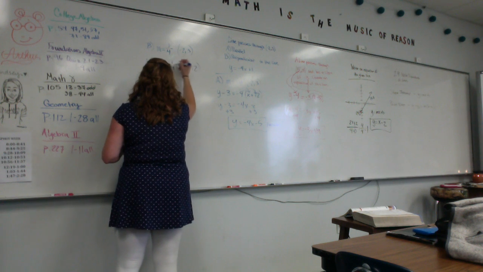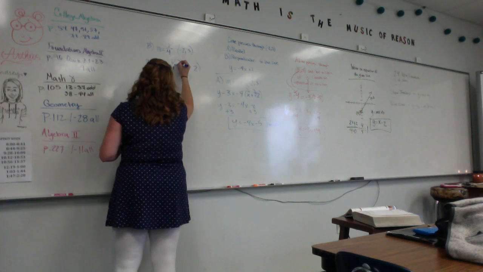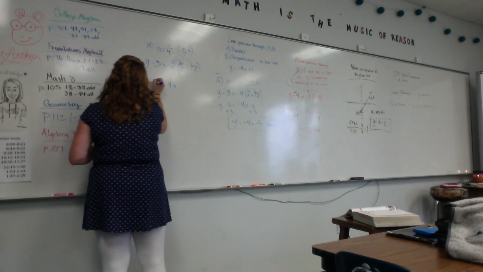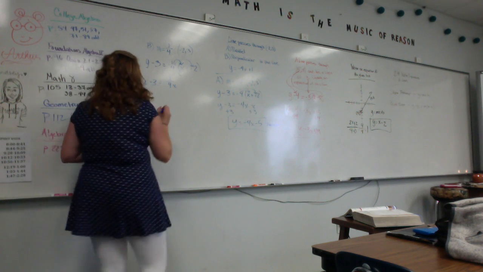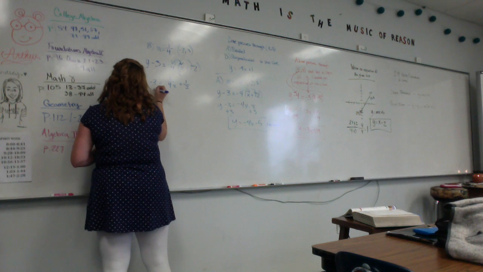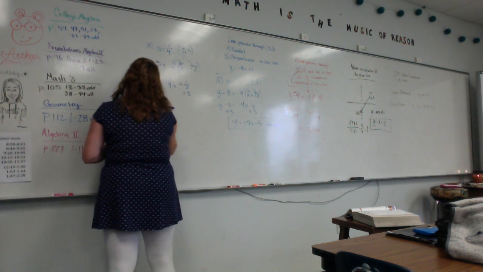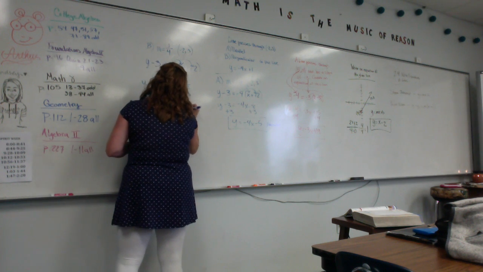Once again, this becomes positive. 1/4 times x is 1/4 x. 1/4 times 2 is what? 1/2. Good. Then I'm going to add 3 so that you get y equals 1/4 x plus 3 1/2.